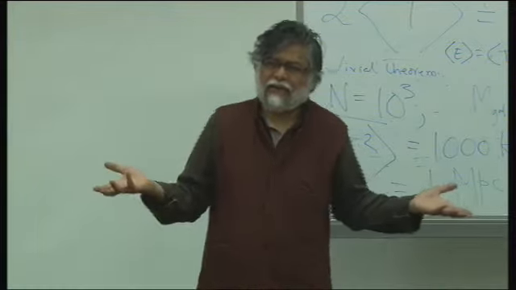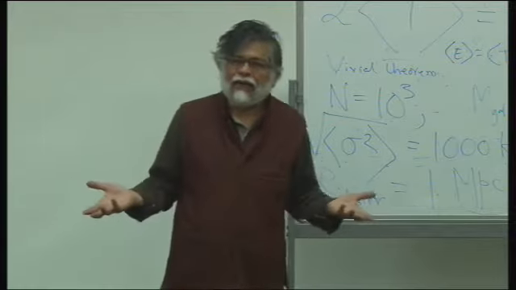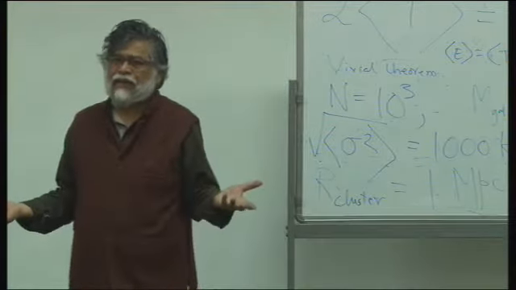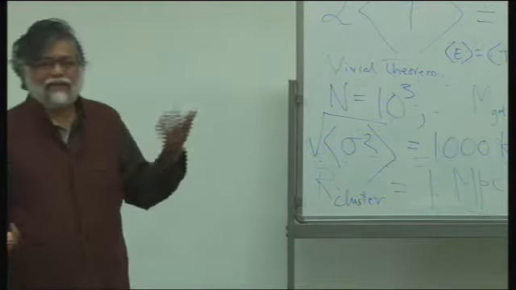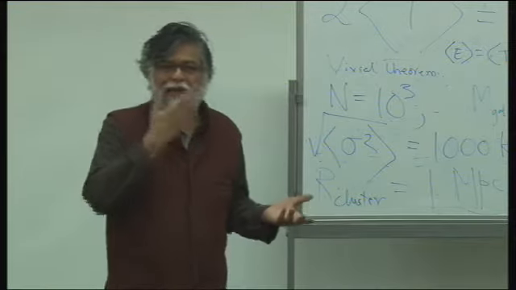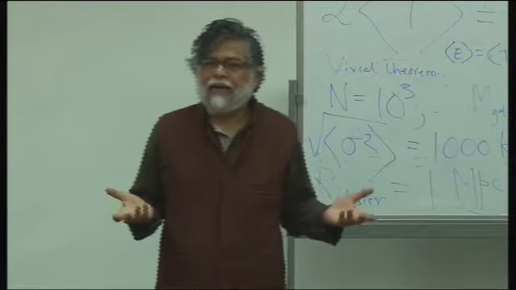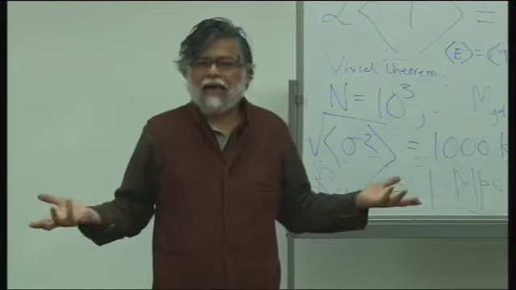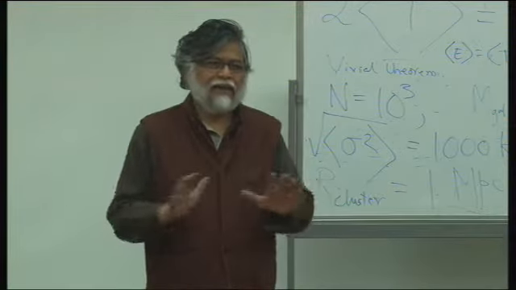Gravity, of course, is universal, so anything that is there must have gravity, because Newton and Einstein told us that anything that has energy and momentum associated with it would have gravitation associated. So that is universal.